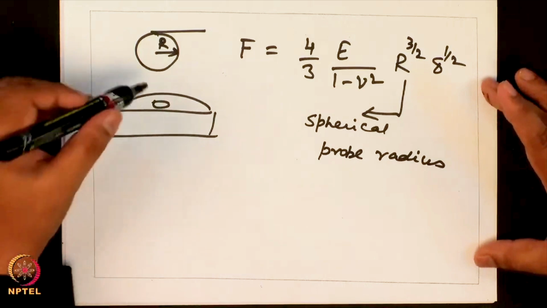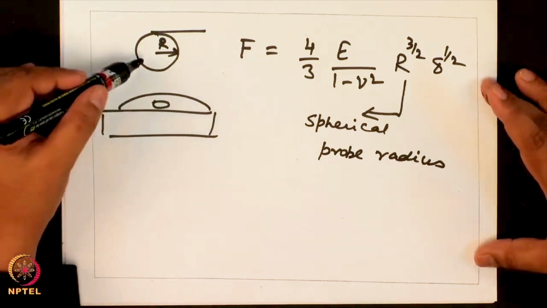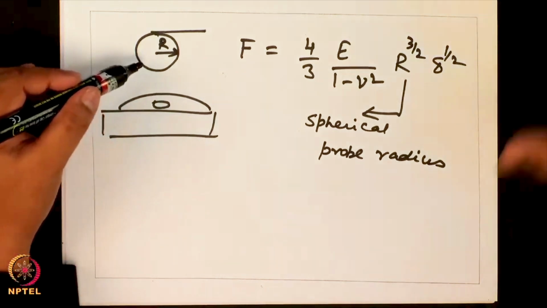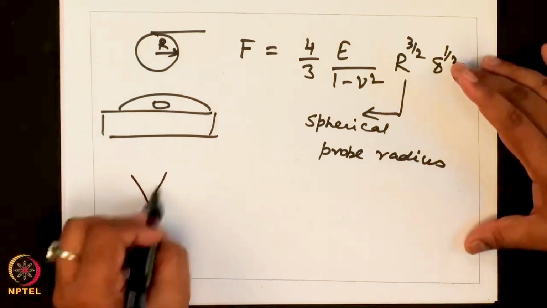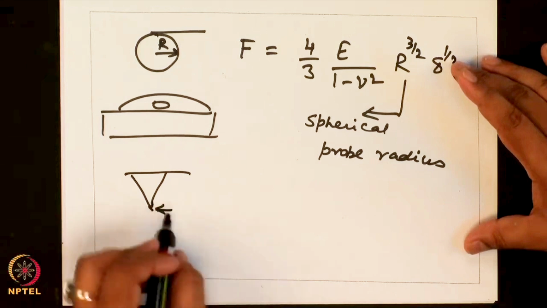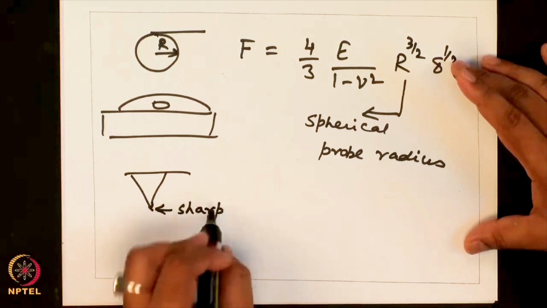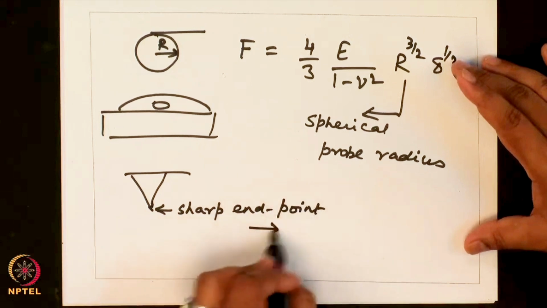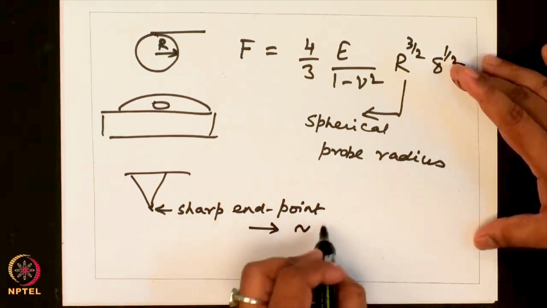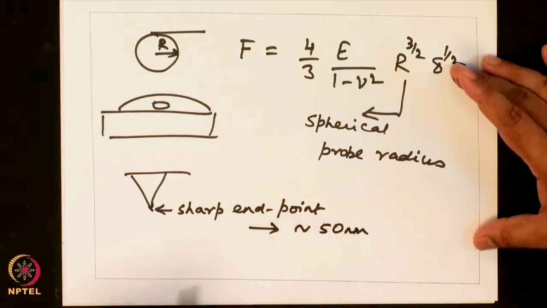So, generally it is better to indent a cell using a spherical probe than a pyramidal or conical probe, for the simple reason that the pyramidal probe has a very sharp end point, and the end radius of curvature might be of the order of 50 nanometers.